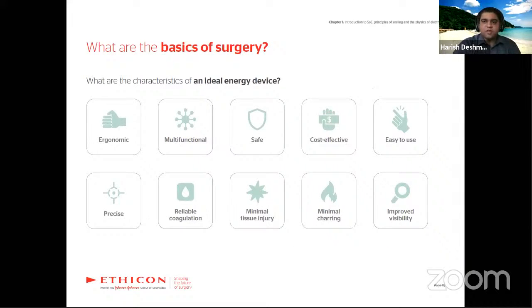So this question I bounce to all the participants here. What are the major characteristics you look into in an energy source? You can just type your comments into the chat box so that I can have a look.